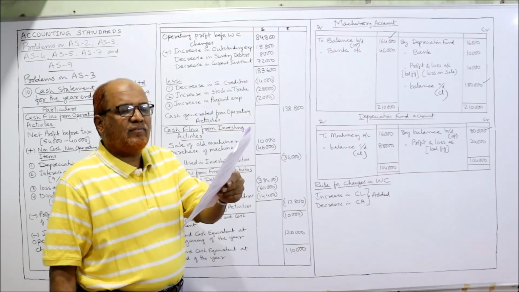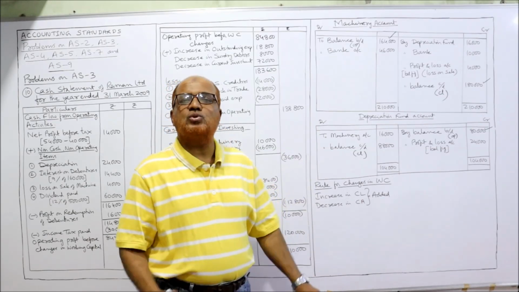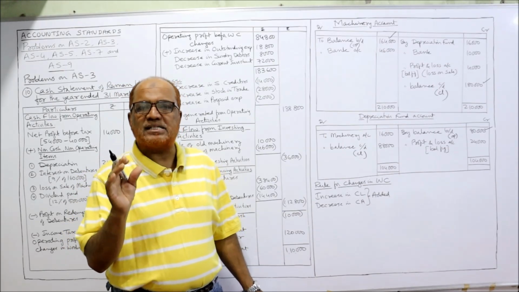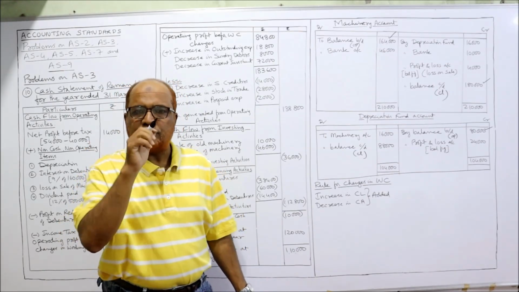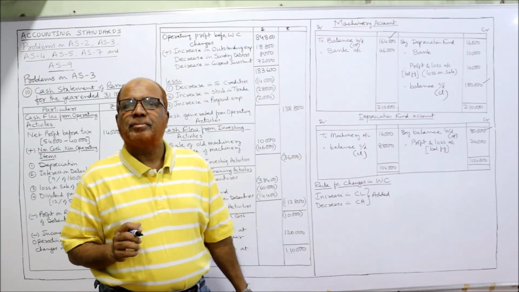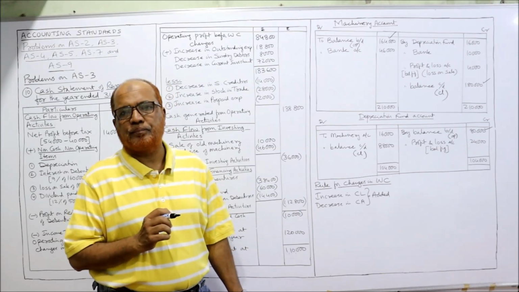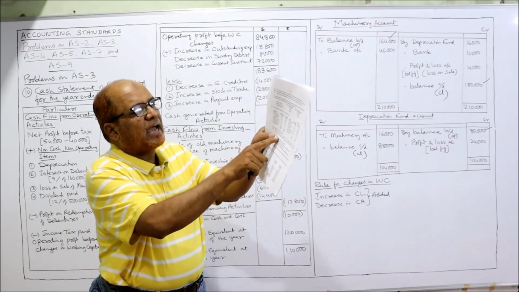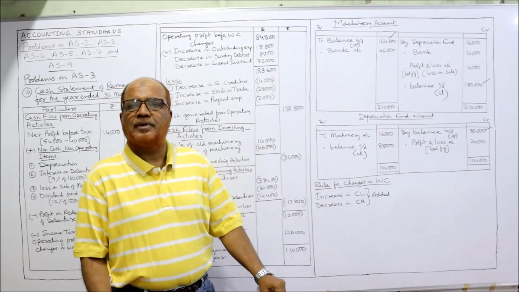One old machinery which has original cost of 30,000 was sold for 10,000. Remember, whenever a machine or asset is sold, 3 entries will be passed. The first entry will be the depreciation on that machine which was sold. It is given the accumulated depreciation in respect of said machinery amount to 16,000.